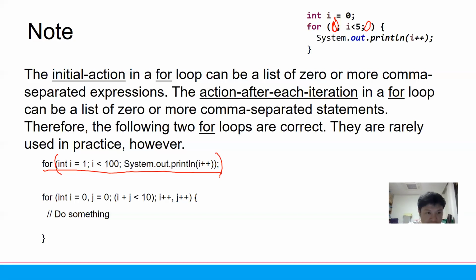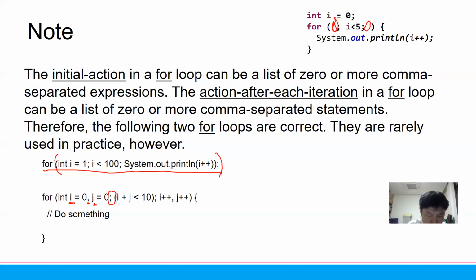Okay, this is fine. So the next one is how can we deal with the for loop when the variable consists of 2? We have i and we have j. So we declare i equals to 0, comma, j equals to 0. And then you need to separate with the semicolon. The condition is i plus j less than 10.